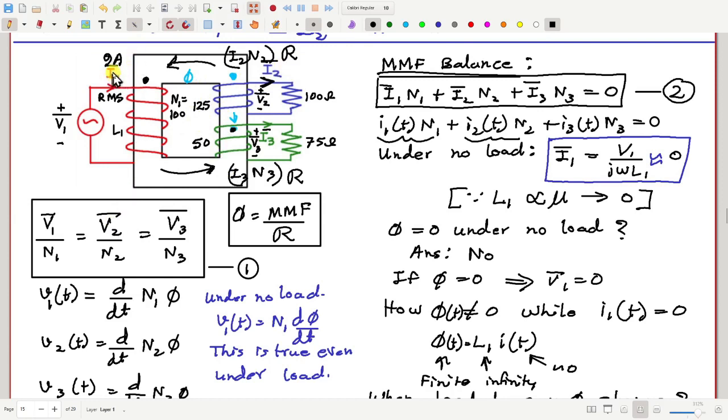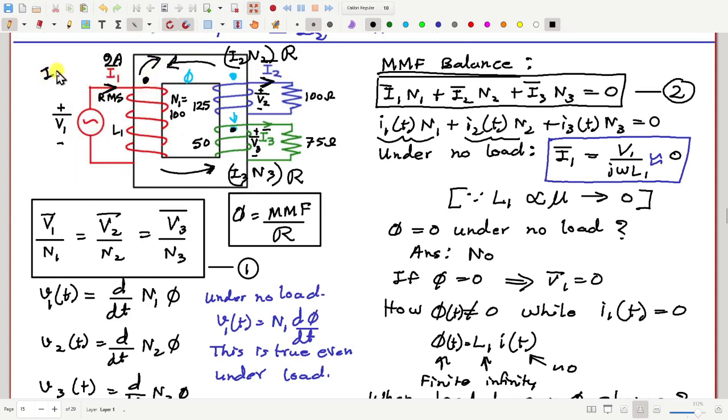Now I1 was previously 0. Suppose this is non-zero, then it will create some flux. Since I am assuming it to be entering the dot, it will create flux in the clockwise direction according to the right hand rule. And how much will that be?